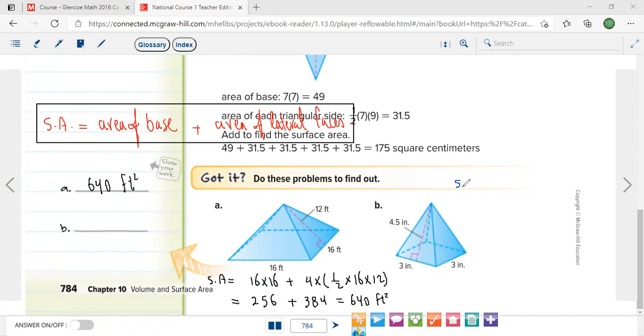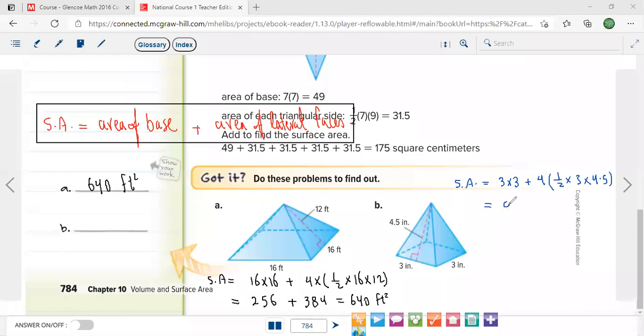Surface area equals the base shaped like a square, 3 by 3, plus we have four faces, so 4 times the area of one face, the area of a triangle, so half times the base of the triangle, which is 3, times the height of the triangle, which is 4.5.